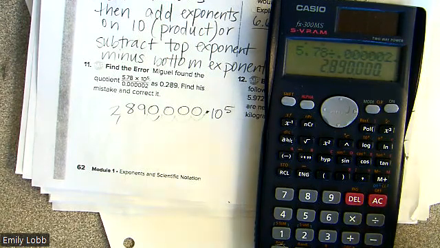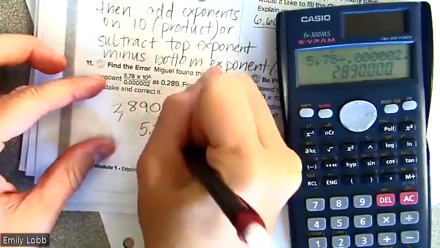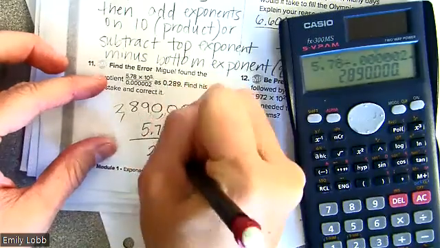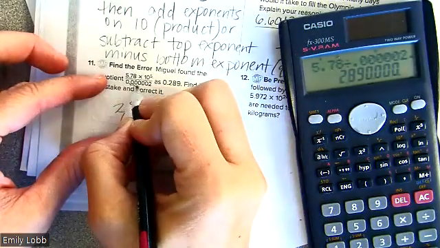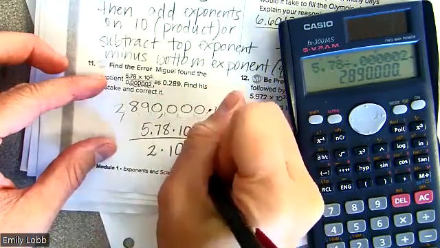What did he do? Or maybe he wrote them out. Maybe he said 5.78 times 10 to the 5th divided by 2 times 10 to the negative 1, 2, 3, 4, 5, 6.